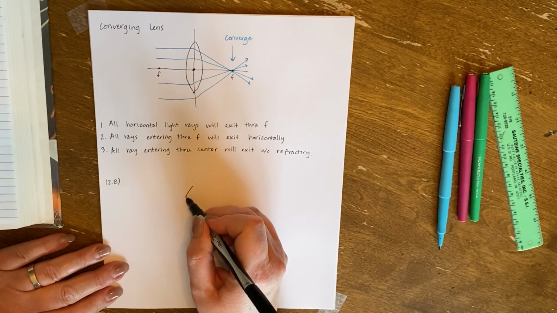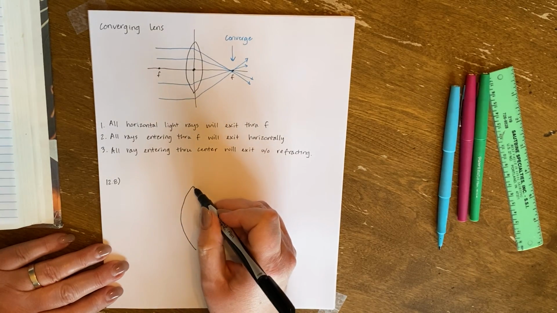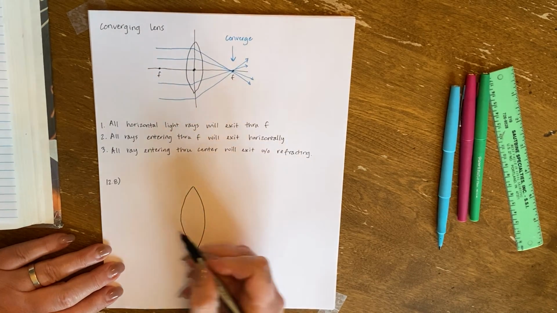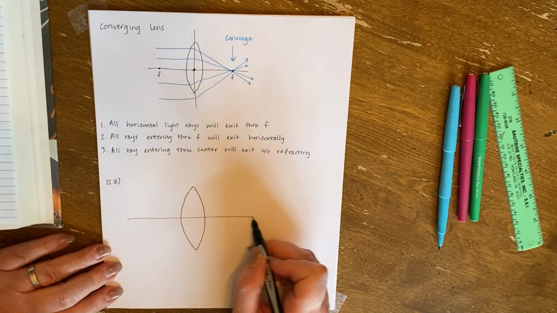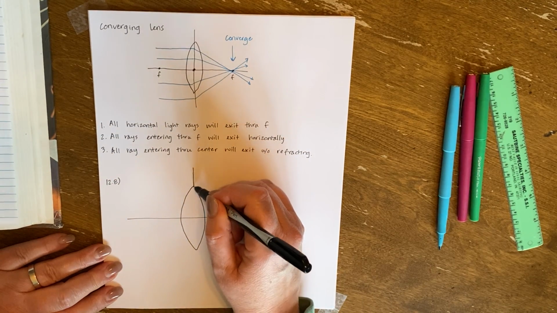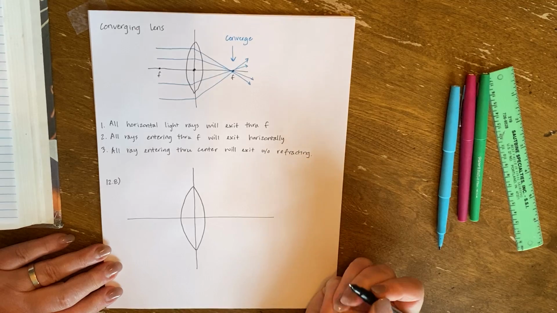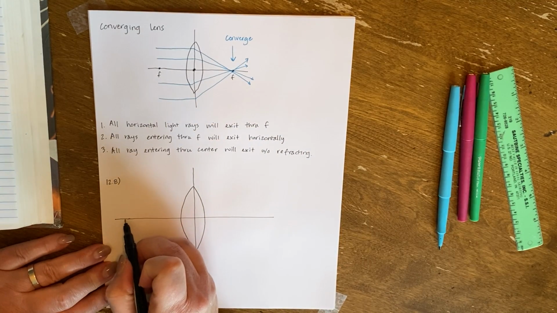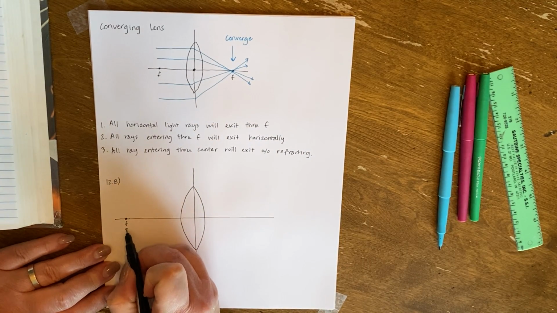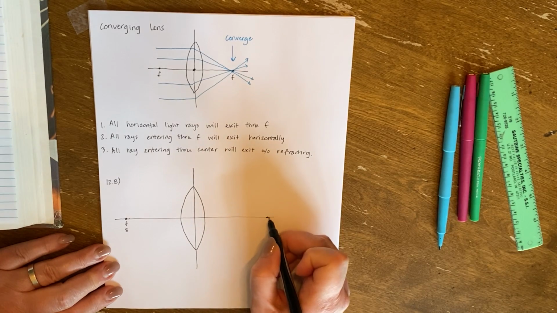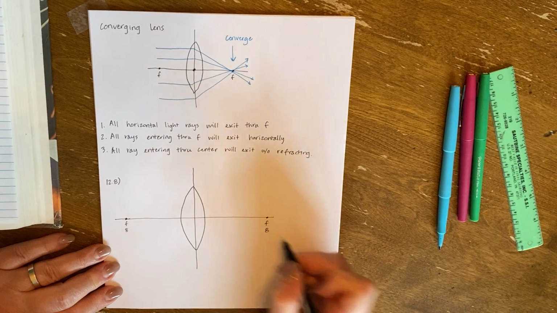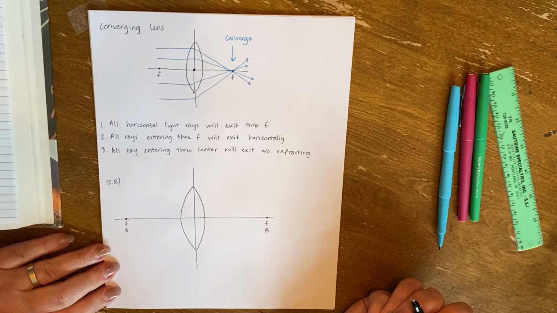Okay, so we can draw our lens. Remember, we always draw the horizontal, always draw the vertical. Find our focal points. So we're going to say that's 8. That's hopefully equidistant and is 8.